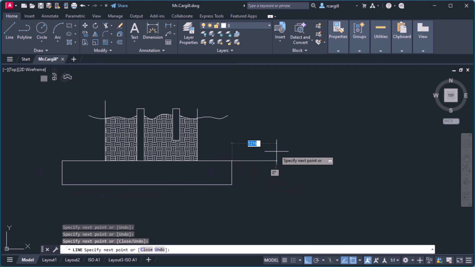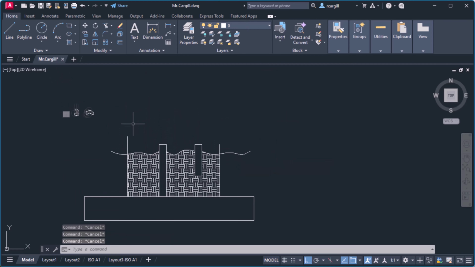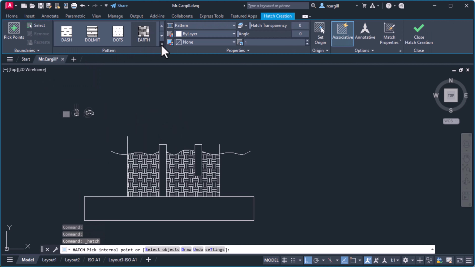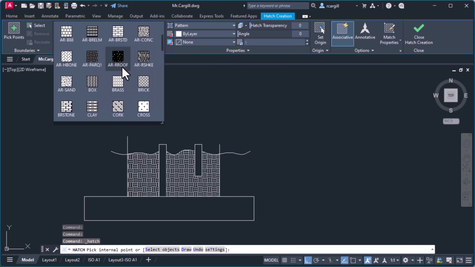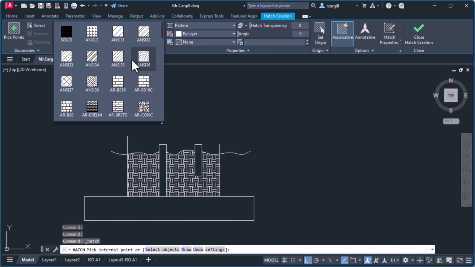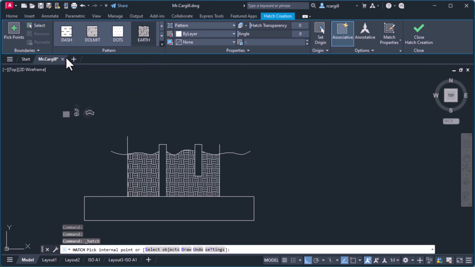There we go. And then I'm going to come back to my hatch, and I'm going to change my hatch now. I'm going to change it to stone, because let's say we have hit rock. You can scroll all the way down and you can use gravel or so.